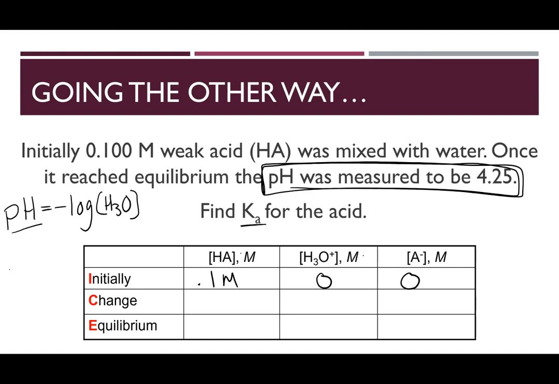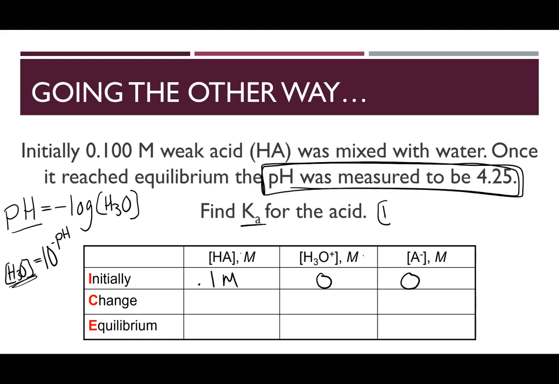So the hydronium concentration is going to be this. It's going to be 10 to the negative pH. Okay, so that's the inverse of the log. So if I want to solve for hydronium concentration, I just take 10 and raise it to the negative pH.